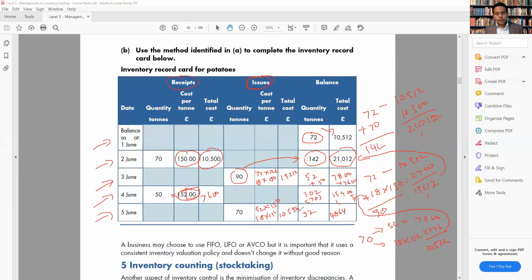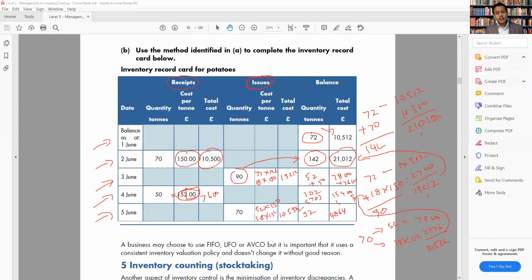So we can see, before we issue, we have to see what valuation we're going to use. Every time we receive, there is no problem, but when we issue, we use the first order, whatever we already had.